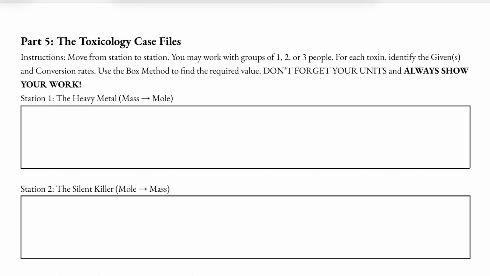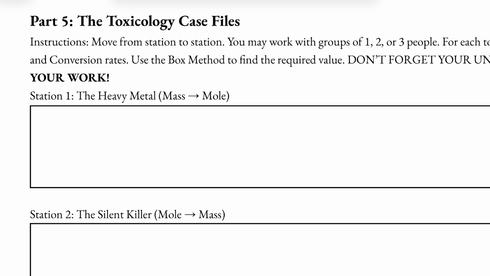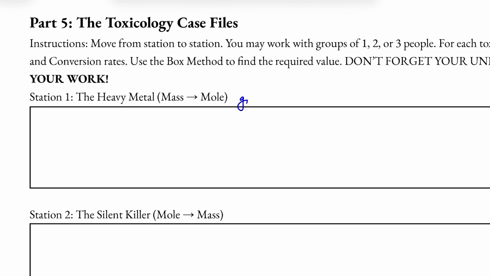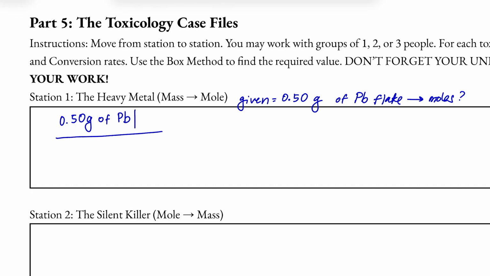Okay, so what was given to us was the mass, 0.5 grams of lead paint, and we are trying to go to moles. So we have 0.50 grams of lead, and we are trying to go from mass to mole.